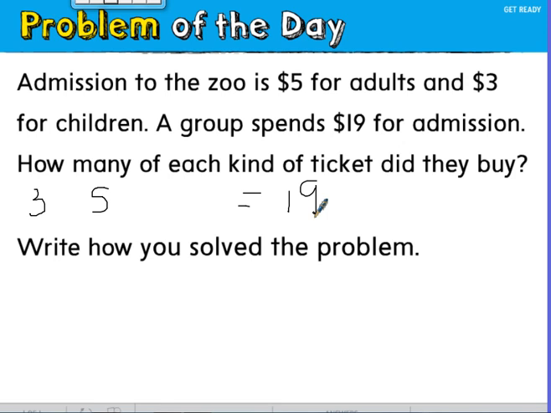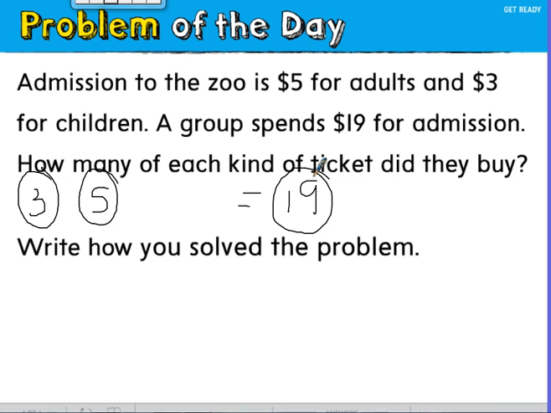So let's see if we can figure this out. The first thing that I would do is I'm going to look for multiples of 3 and multiples of 5 that I can break this number into. Jedi. 3 times 5 plus 4. No, we can't do that. We can only use the numbers that we have sitting in front of us.